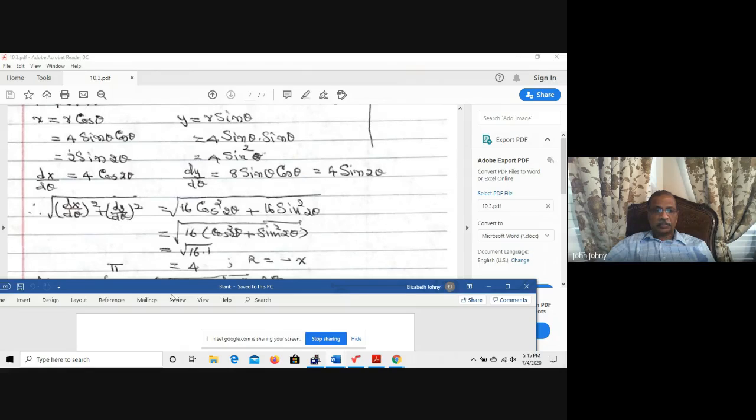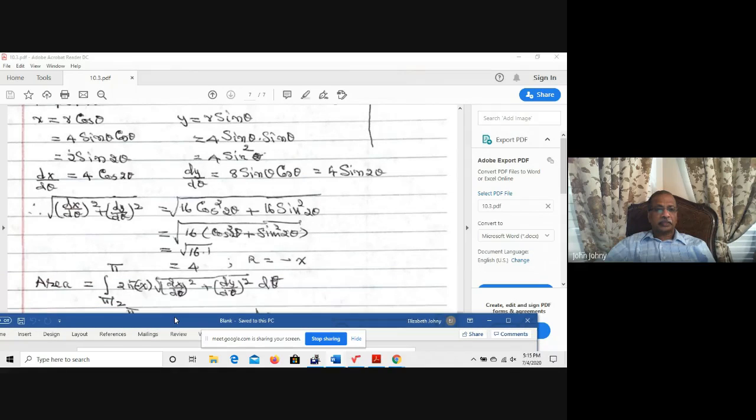Radius is negative x. So the surface area is the integral from pi over 2 to pi of 2 pi r, where r is negative x, times the square root of (dx over d theta) squared plus (dy over d theta) squared d theta.